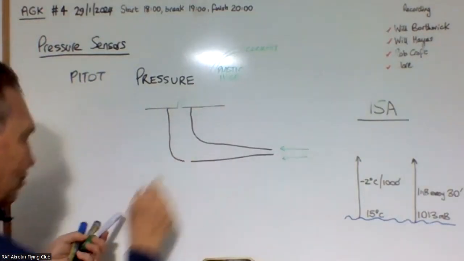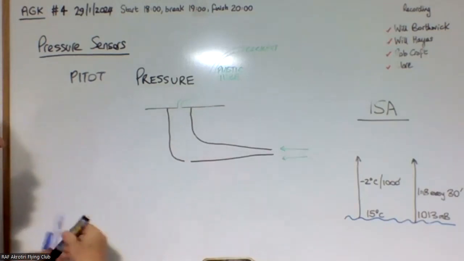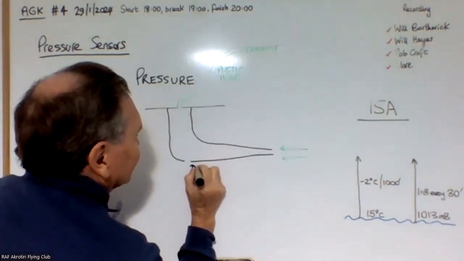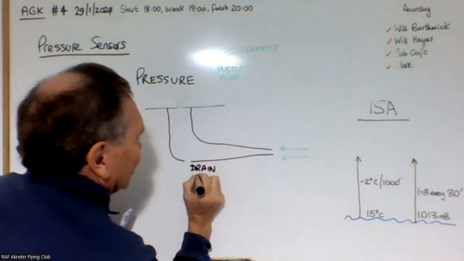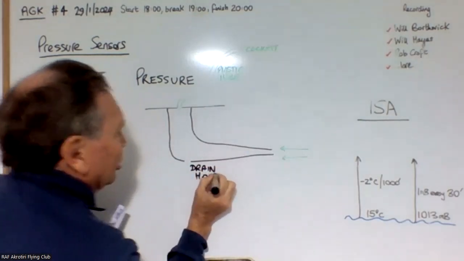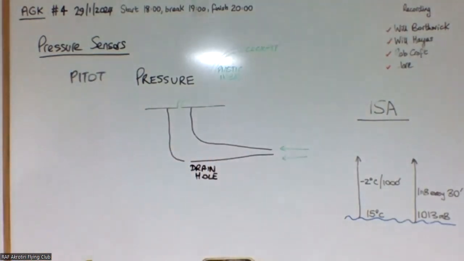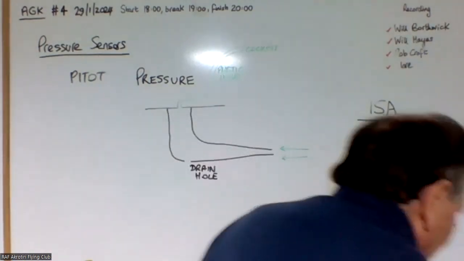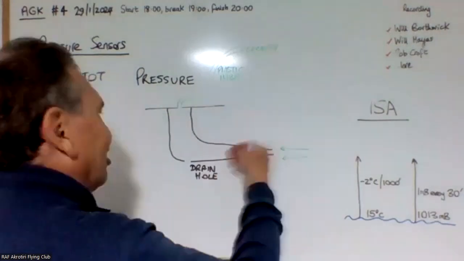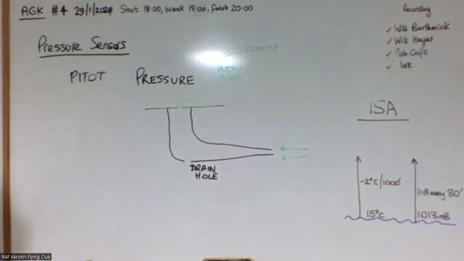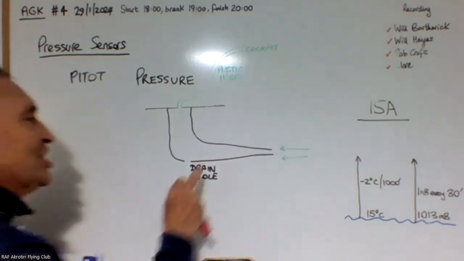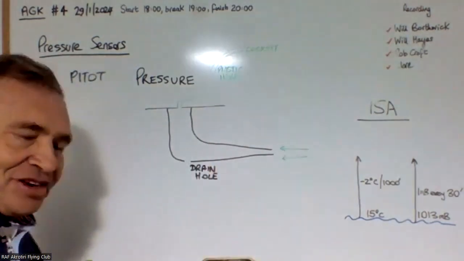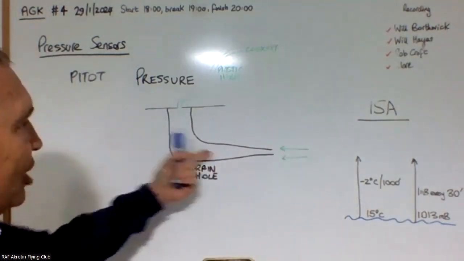Now, there's a couple of other little bits here. There's a drain hole here in case it gets water in it, so the water can actually drain out of it. And because it's getting ram air into it, these things can ice up very easily inside them.